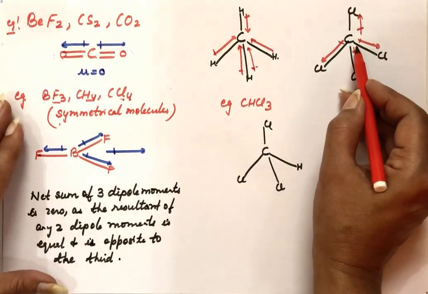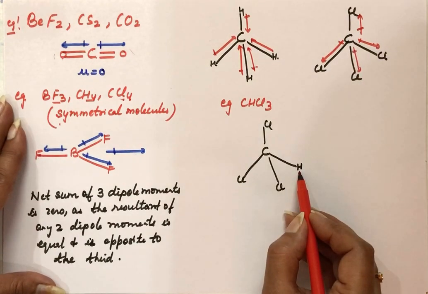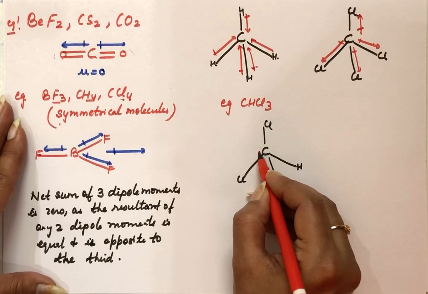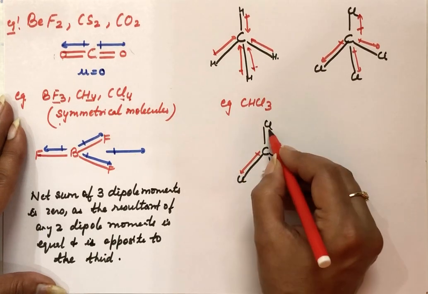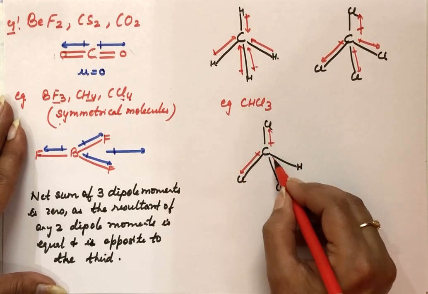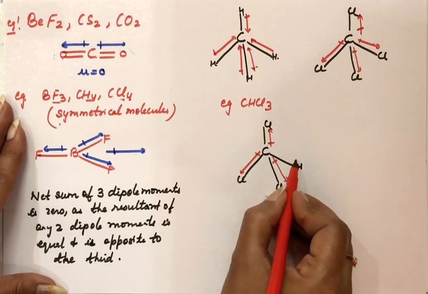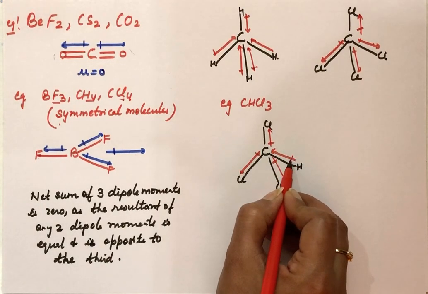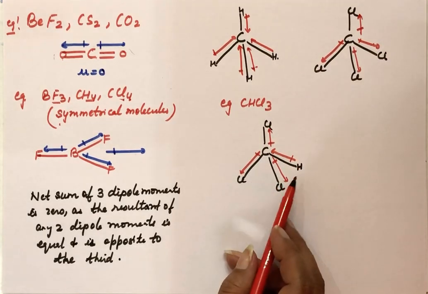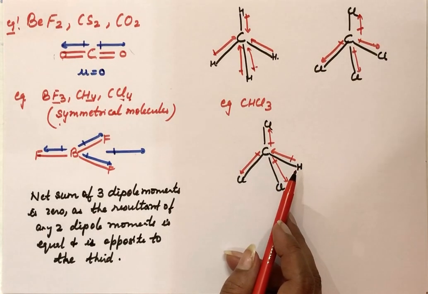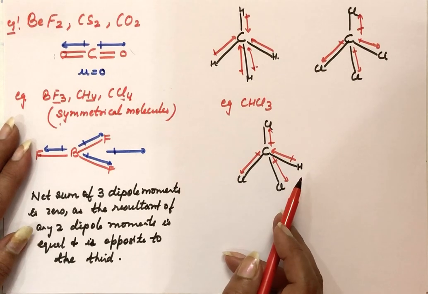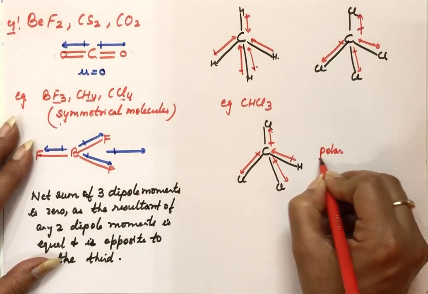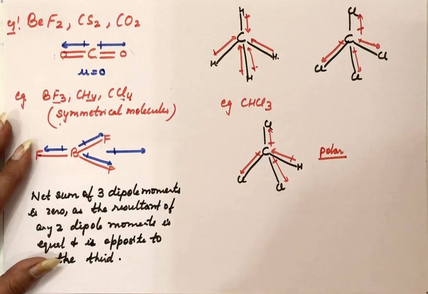So it's just like CCl4, but here we don't have 4 Cl around carbon, there is one hydrogen. The direction of dipole moment is towards Cl here, but in this case, it is towards carbon, this side, because carbon is more electronegative. So all the bonds are not able to cancel out the dipole moment of each other. As a result, this molecule will become polar in nature. This molecule is polar in nature.